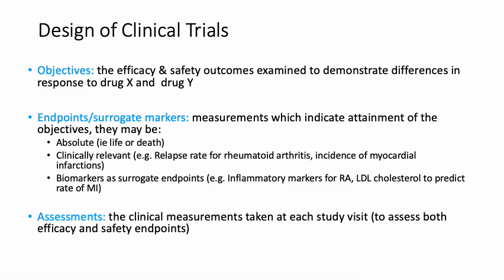Or another example would be measuring changes in LDL, or low-density cholesterol, instead of longer-term, larger studies designed to measure the rate of myocardial infarction, for example. The assessments that need to be undertaken to measure the endpoints are defined, and then they are described in the protocol and carried out at each study visit.